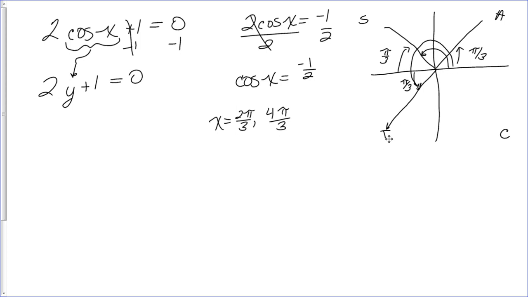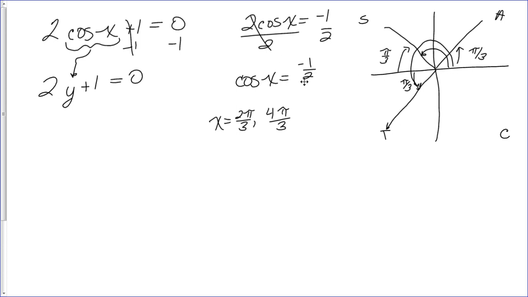So you kind of see how this is going. You solve for the cosine, sine, tangent, whatever trig function, x equals a number on the other side, kind of like we did here. We solved it for our trig function: 2 cosine x plus 1, we solved it down, cosine x equals negative 1 half. That's what you want to do. You want to solve for your trig function. Then you go to your unit circle.